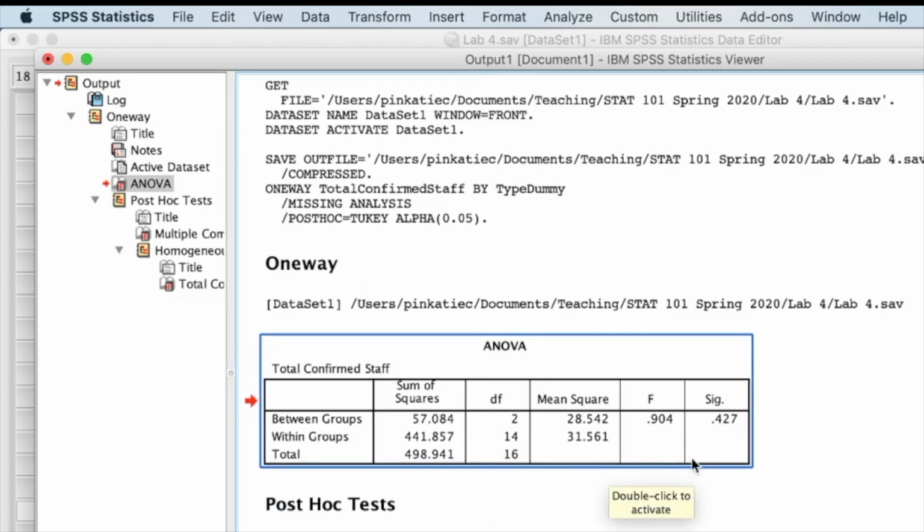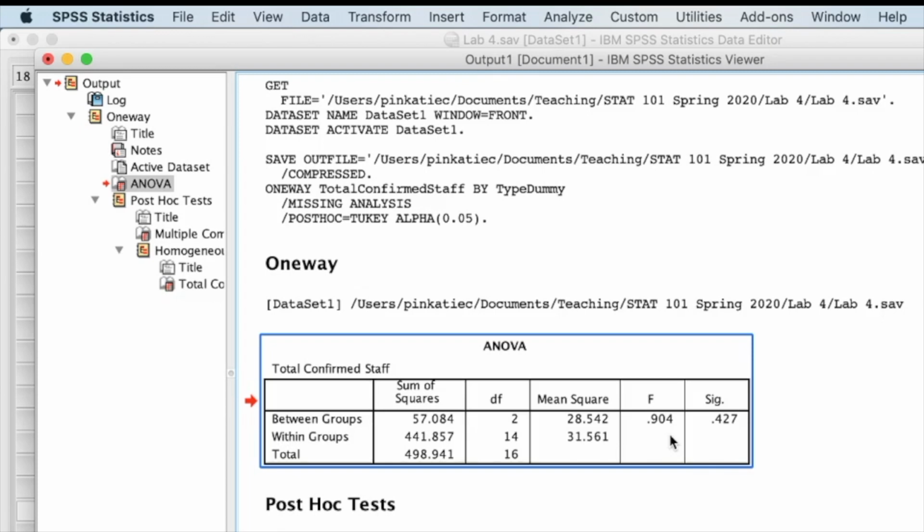And then if we look over here, it calculates our F value, right? And our F value, if you remember, if it is closer to 1 or less, that means the amount of variation between groups is the same as the amount of variation within groups.